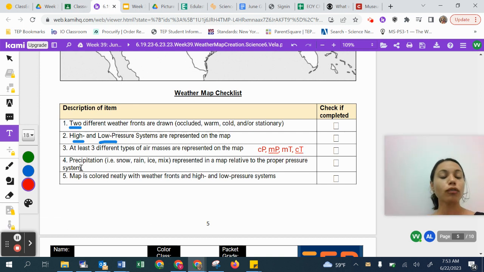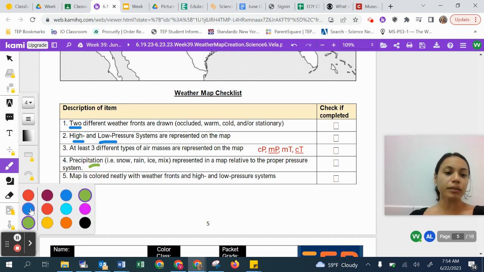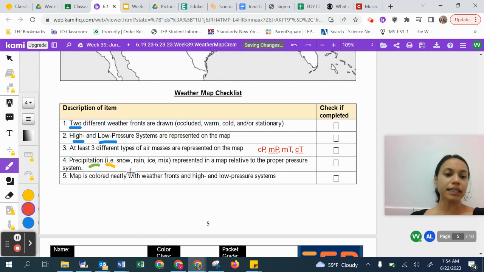Okay, cool. So for number four, precipitation, you need to do snow, rain, ice mix represented in a map relative to pressure system. So for precipitation, we spoke about the colors yesterday, and it was a scale of like, oh, this is light, this is like medium, this color, this means that it's heavy.